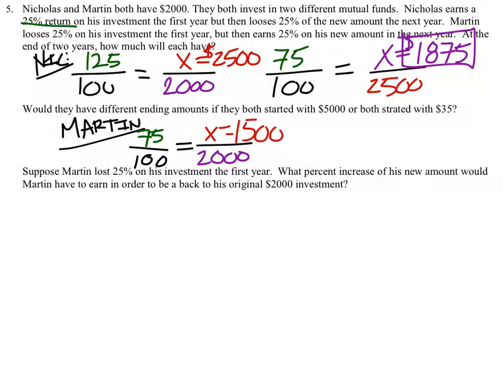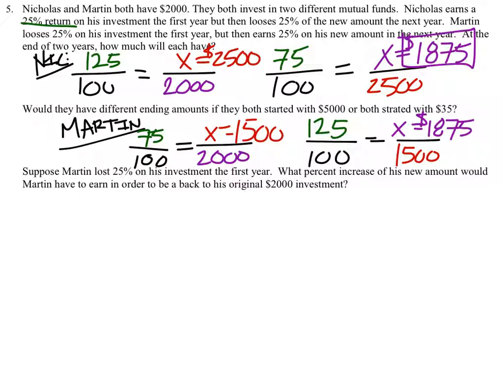But then Martin is going to gain 25% on these. So we're starting with $1,500. Finishing this, he's going to gain an extra 25%, so now he's going to have 125%, and we'll figure out what this is. It appears that he will have $1,875.